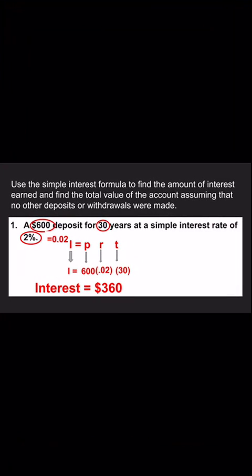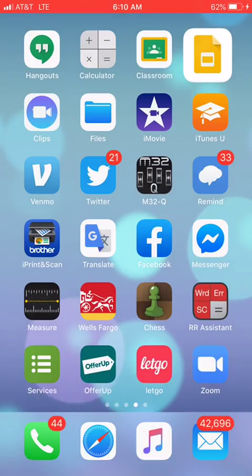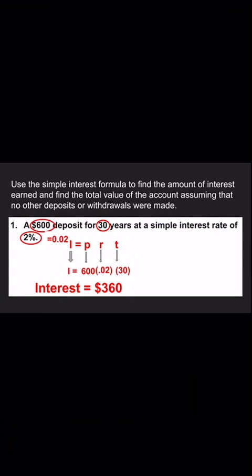Now we want to find out the total value. How much does he have after 30 years? Well, how much did he have at the beginning? 600. That's called our principal. And how much interest did he earn? How much added money? Well, we saw interest was 360.